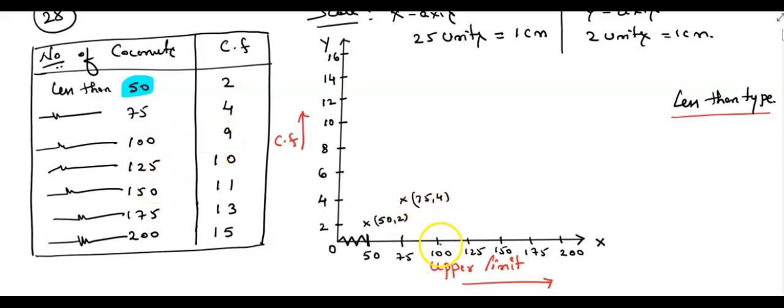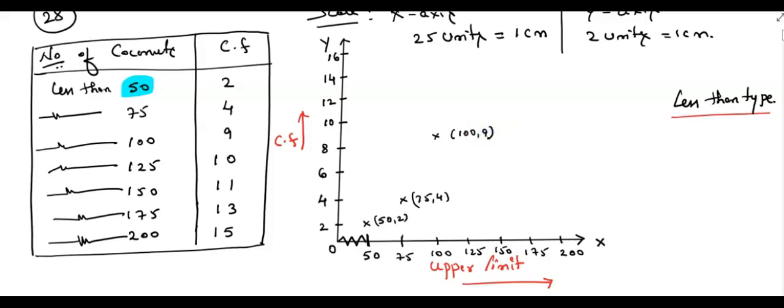Next 100, 9. This is 100. See, between 8 and 10 is 9, like 8.5 plus 0.5. I'm just taking approximation, but you have to do the exact value. Let me say this is the point, 100, 9.